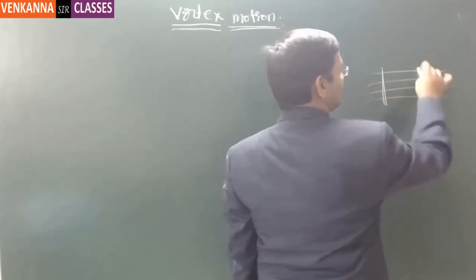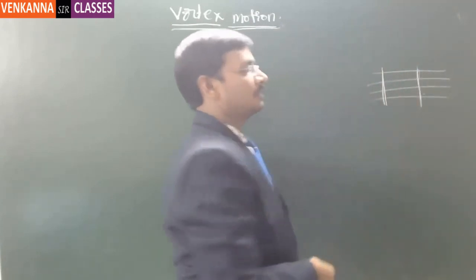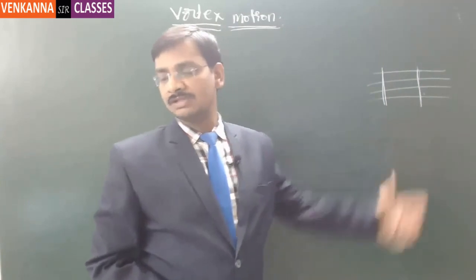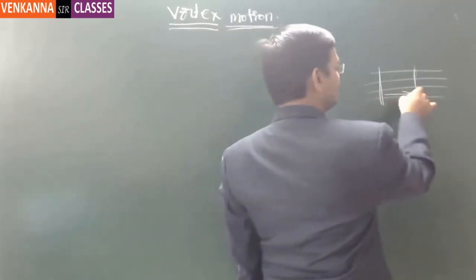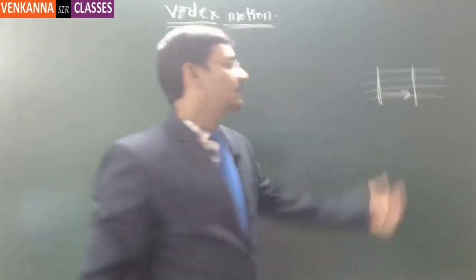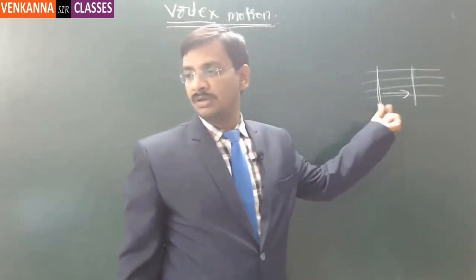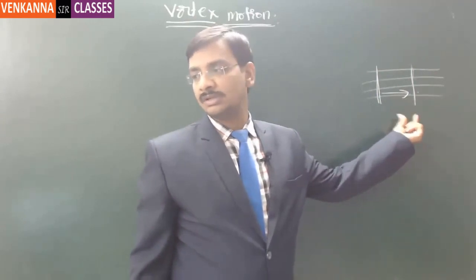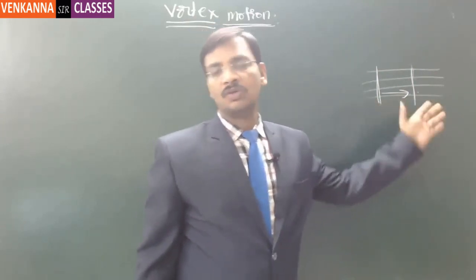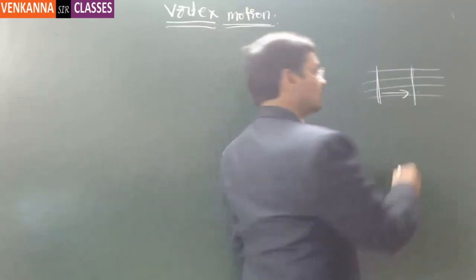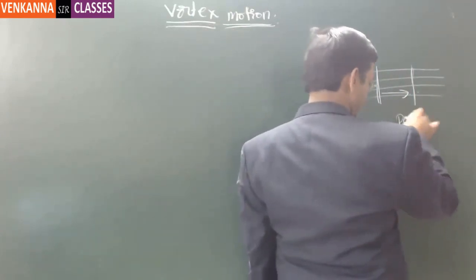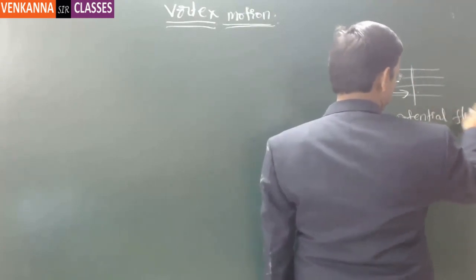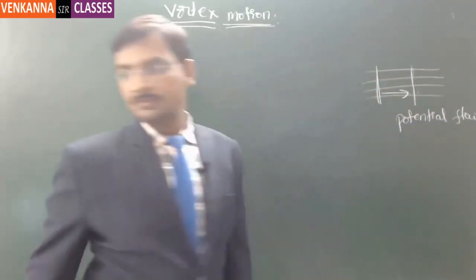If there is a potential difference, obviously it will cause the fluid to move in this particular direction, provided there is more potential energy at this particular point. These two points make the fluid flow in one particular direction, and this motion we call the potential flow.